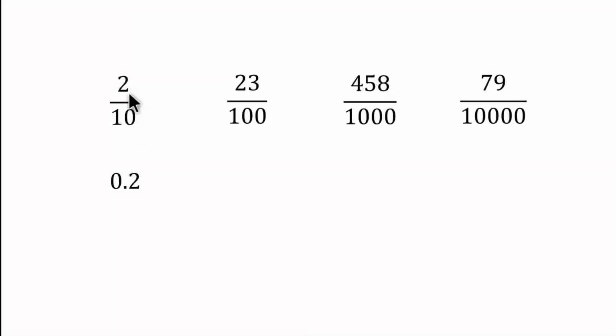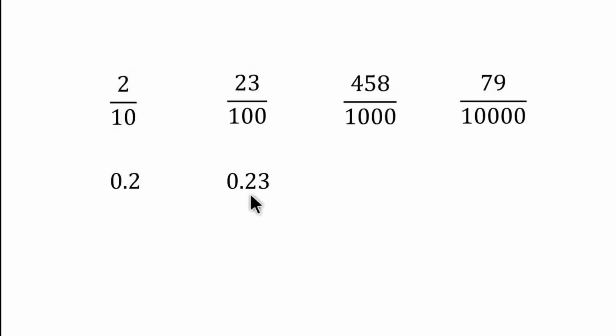We all know how to convert a fraction like this into a decimal number. Here there is 1 zero, that means in front of one digit we'll put the decimal point. So 2 becomes 0.2. Similarly, 23 by 100 becomes 0.23 because there are two zeros in the denominator.